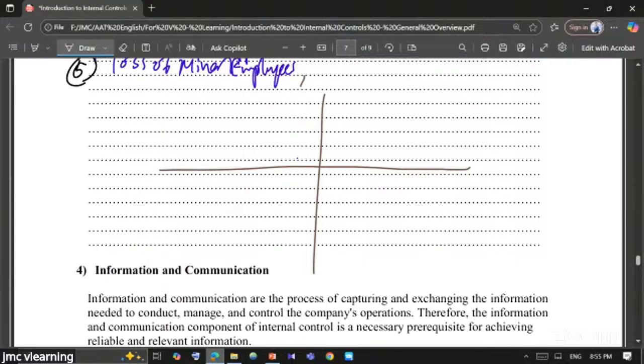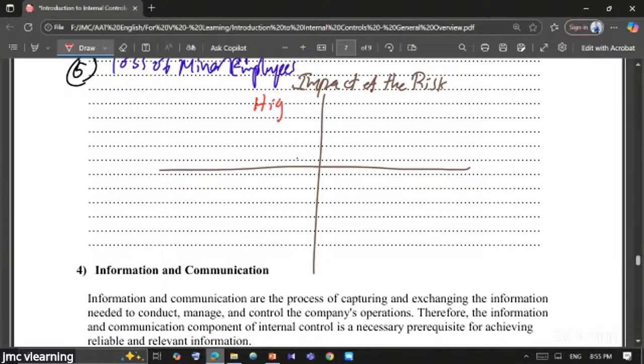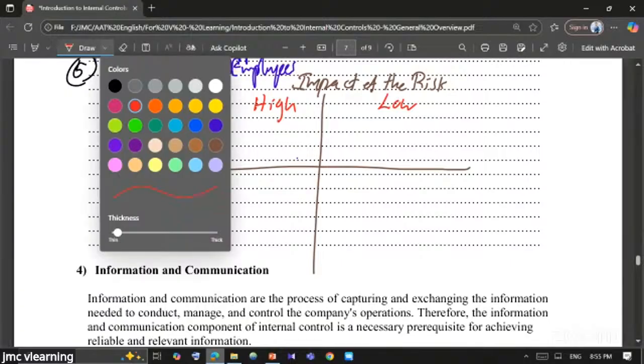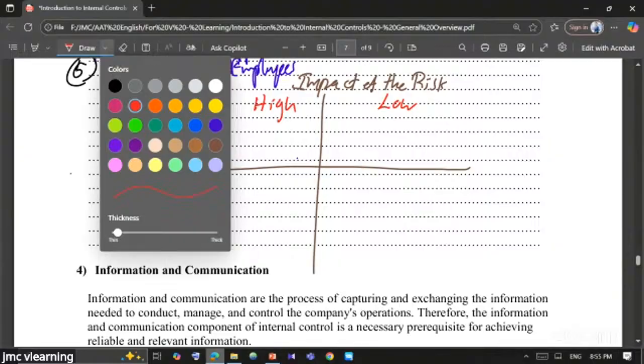Here I will be taking the impact of the risk, which I will consider as high and low. Then I will be taking the occurrence of the risk, also as high and low.